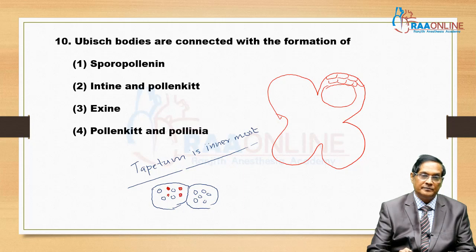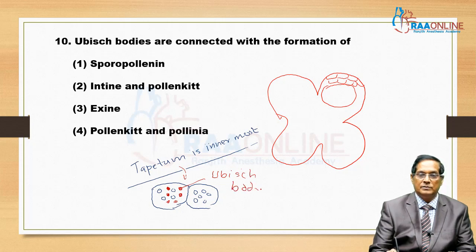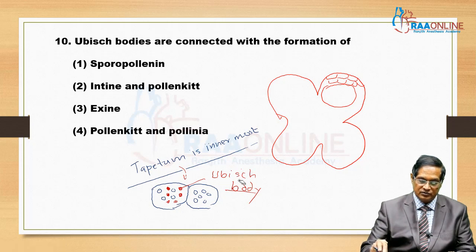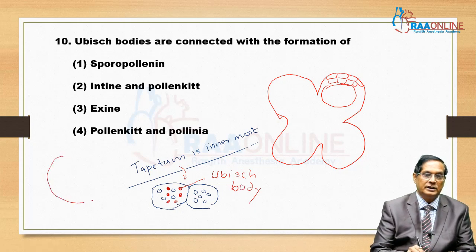These are tapetal cells and these are Ubisch bodies. These Ubisch bodies are sporopollenin containing structures, and they contribute sporopollenin to the outer wall of the microspore or pollen grain, that is exine.